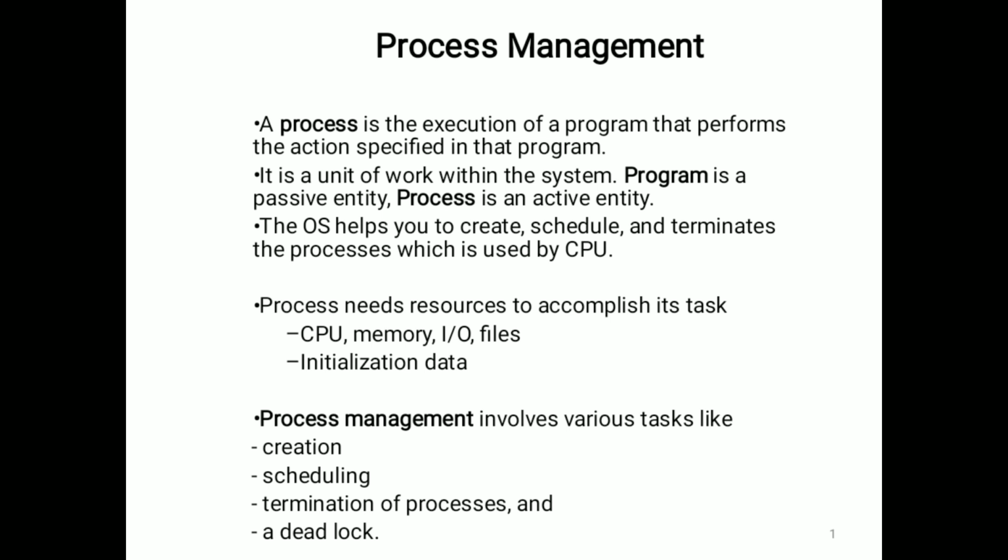What are the resources? Here is a list: one is CPU, the other is memory, the next one is I/O, and some files and initialization data. Whatever data is required can also be called a resource.